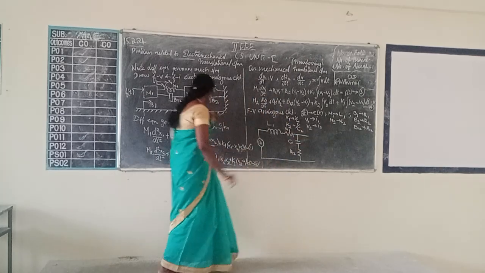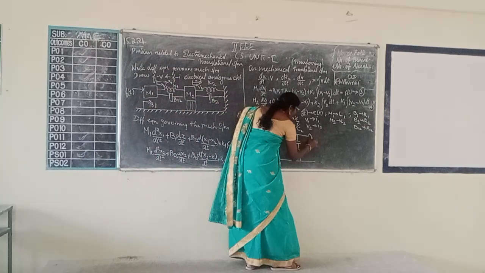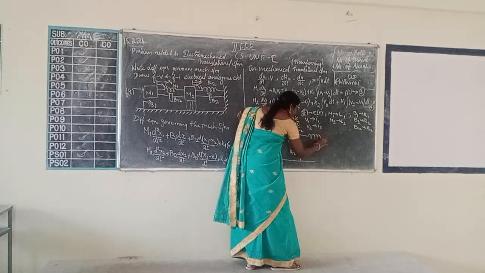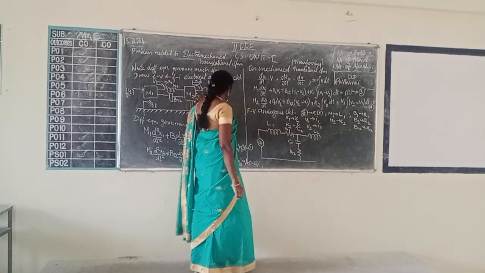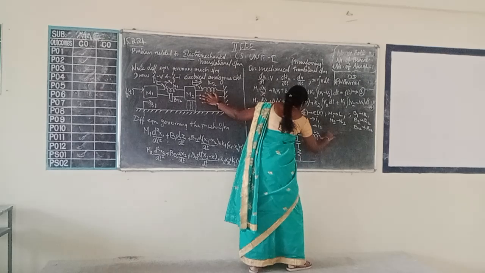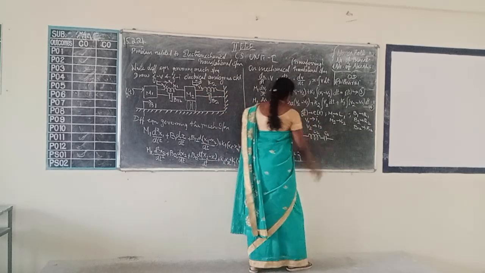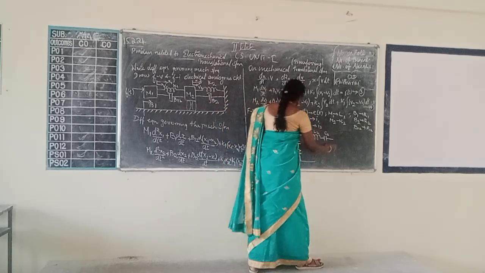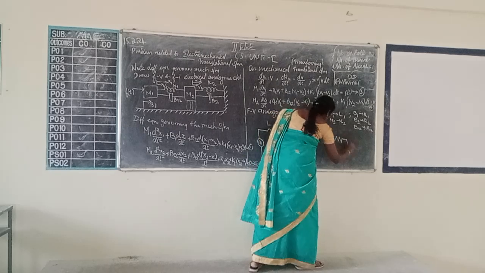And next you have to take M2. M2 is replaced with L2. And for L2, who is individual here? K2 is replaced with capacitance, and B2 is replaced with resistance R2.